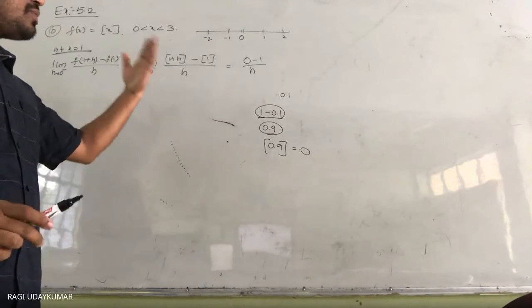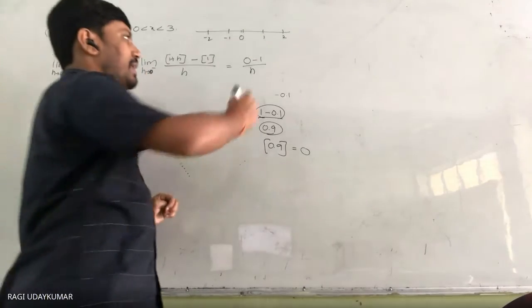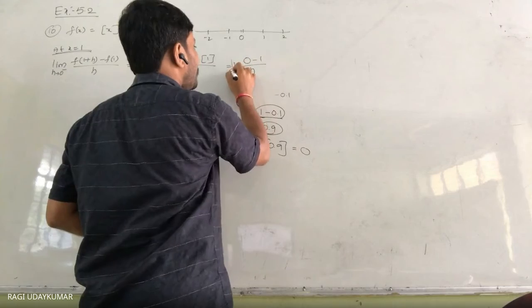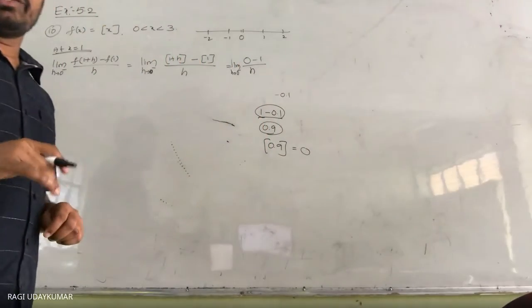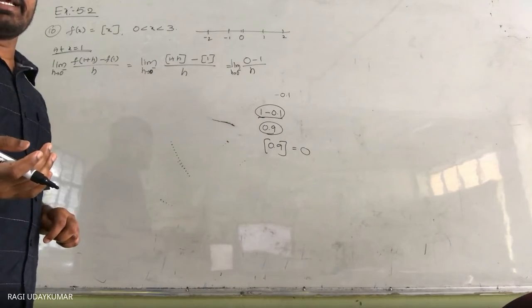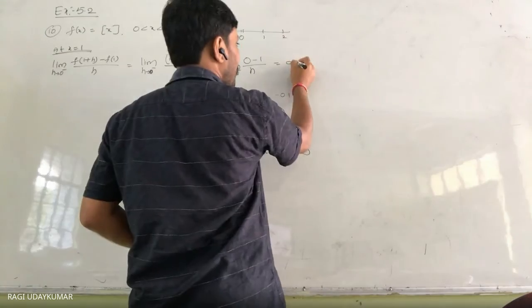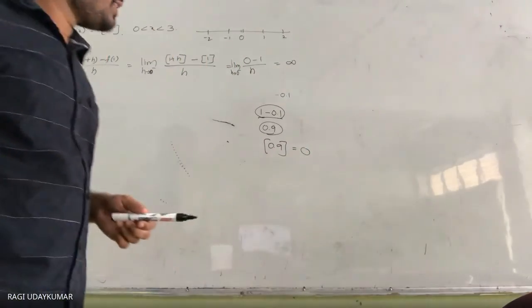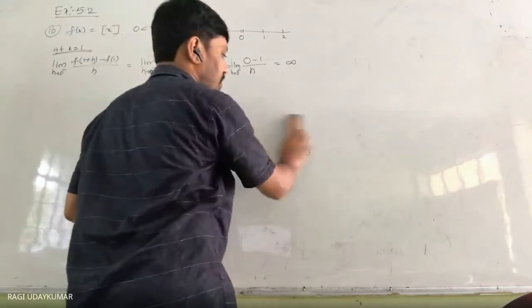When h tends to 0 minus, whenever you are taking minus 1 by h, it will become infinite. Limit h tends to 0 minus of minus 1 by h is infinity. Why?